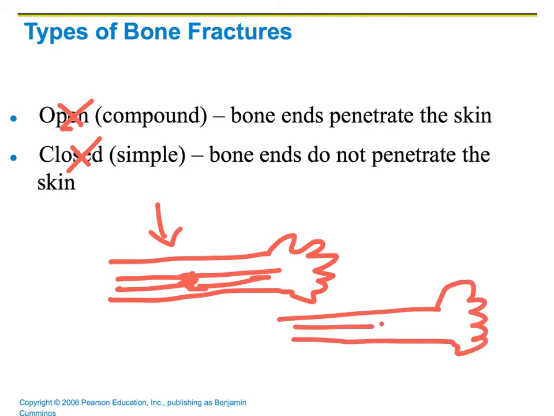If you have a fracture where the bone is jutting through the skin, this is a compound fracture. I like to think of compound as in more than one, as in the bone has broken and the skin has been broken as well.